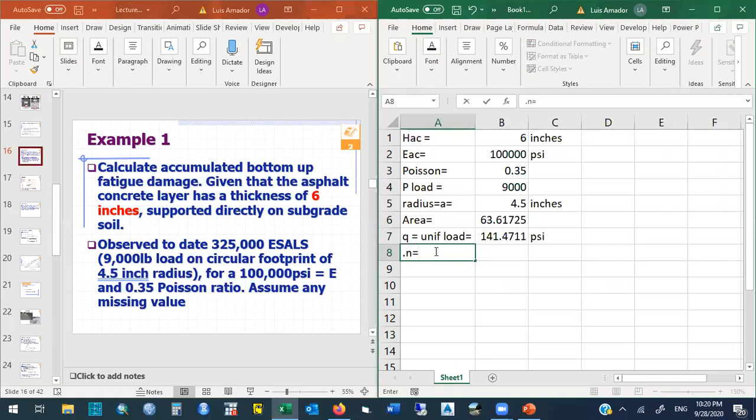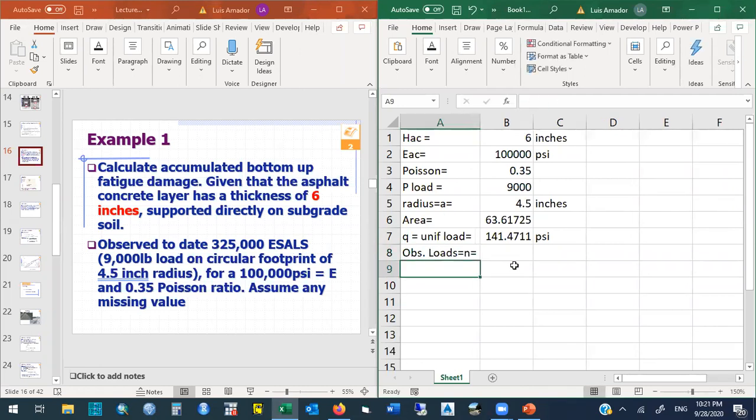And I have N. Now this is a small case n, so I'm going to put a dot. It's just a trick. I say observed loads. That's N. And we have observed, say, 325,000 repetitions of the 9,000, which is really 18,000 pounds per axle, which is an ESAL. You will see this if you're taking pavement design with me, but here I'm not going to give further explanations.